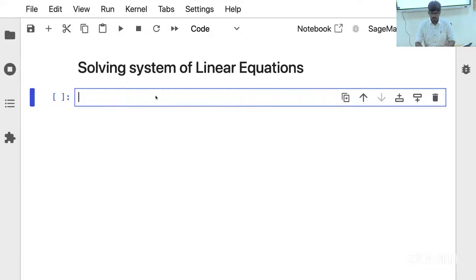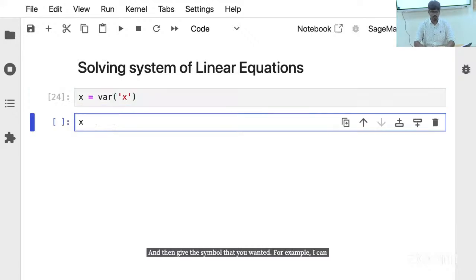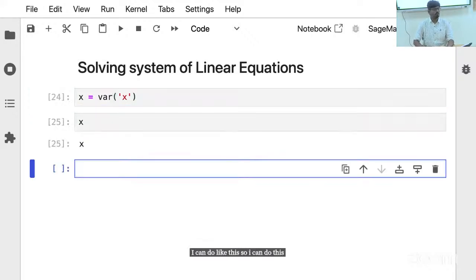First of all, a system of linear equations means you have variables in hand. So how do I define a symbolic variable in SageMath? Simply, whatever value you want to be called as a variable name, give the symbol that you want. For example, I can do it like this. So now if I do X, then that X has been considered as a symbol.